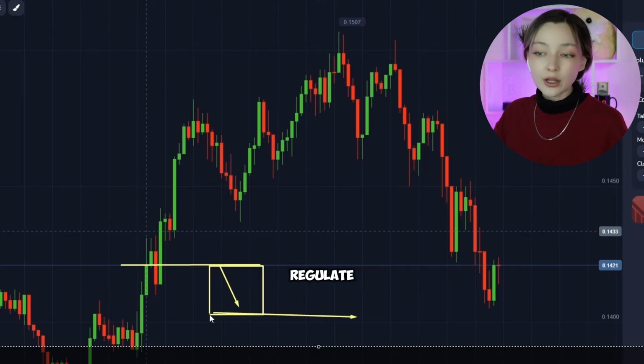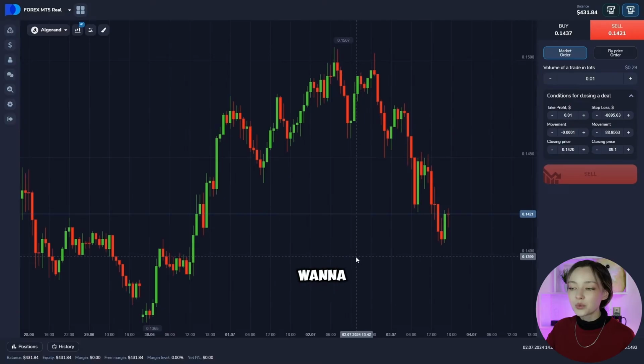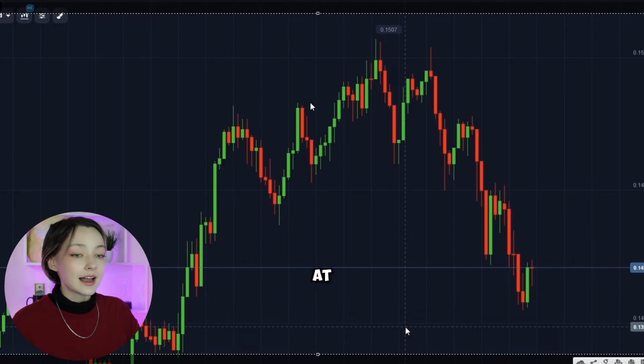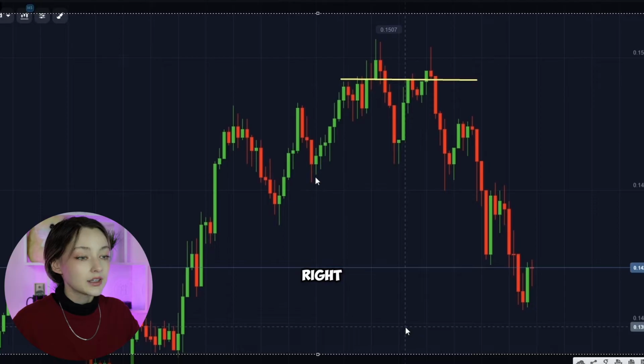In order to regulate profits and losses, we want to work with such settings as take profit and stop loss. Take profit is a fixation of your profit and stop loss is a fixation of your losses. I guess it's just as simple as that. So imagine you made a deal at this level and set take profit right here.